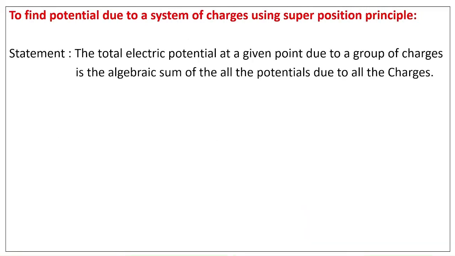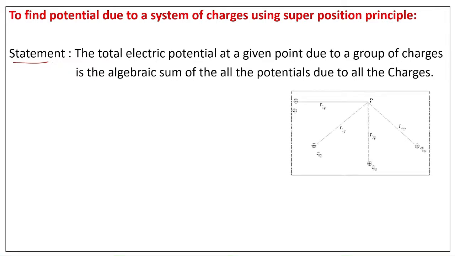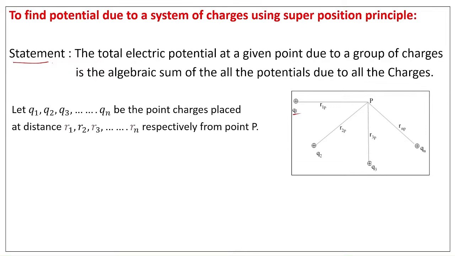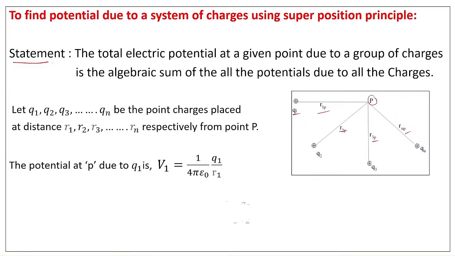Next, to find potential due to a system of charges using superposition principle. Potential at a given point due to a group of charges is the algebraic sum of all the potentials due to all the charges. Let Q1, Q2, Q3 up to Qn be the point charges placed at distance r1, r2, r3 up to rn respectively from point P. The potential at P due to Q1 is V1 is equal to 1 by 4 pi epsilon naught into Q1 by R1.